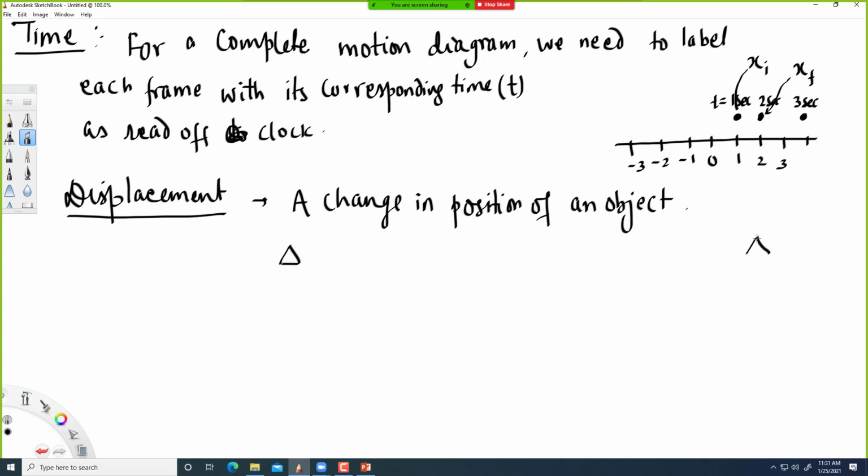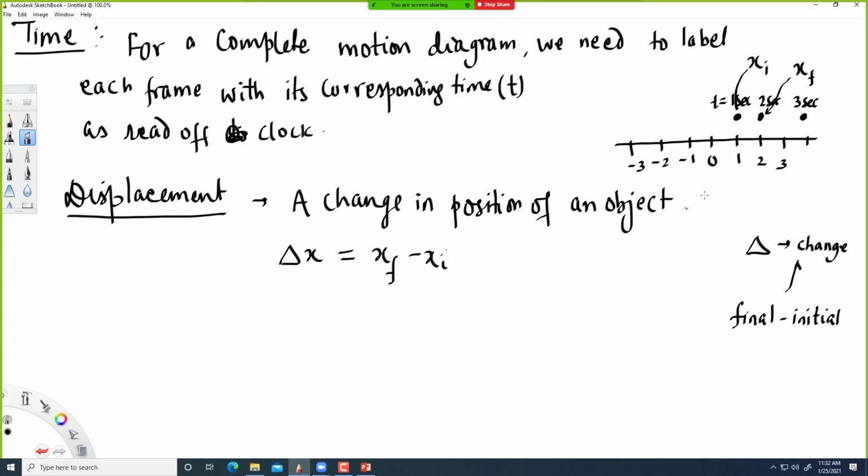Whenever you see this delta symbol, it is indicating that it's the change. So displacement is change in x, that is final minus initial. Whenever you see the word change, change means final minus initial. That's always true. So that's the formula for displacement.